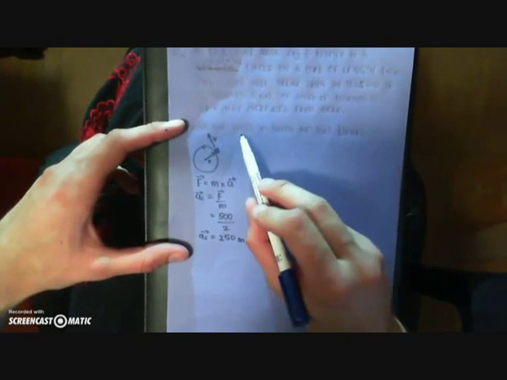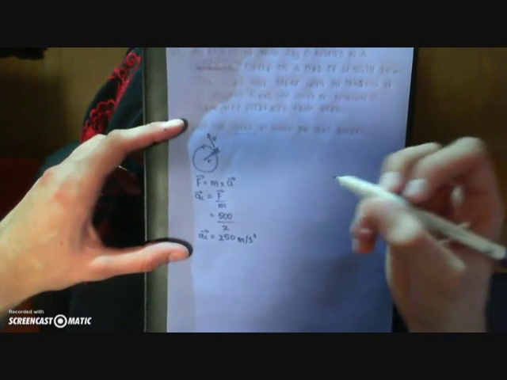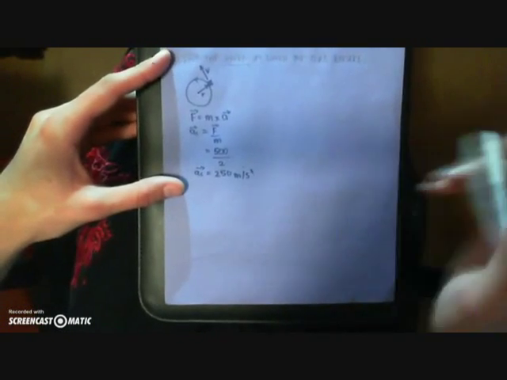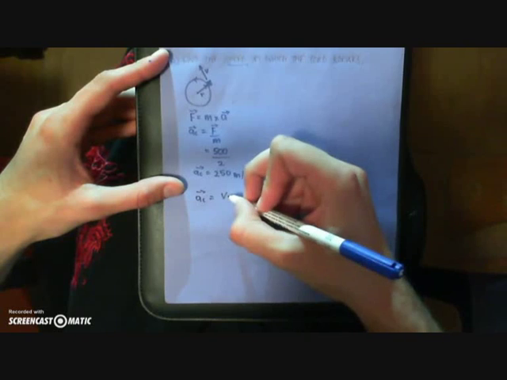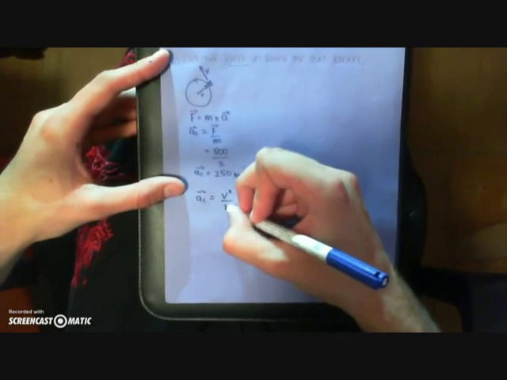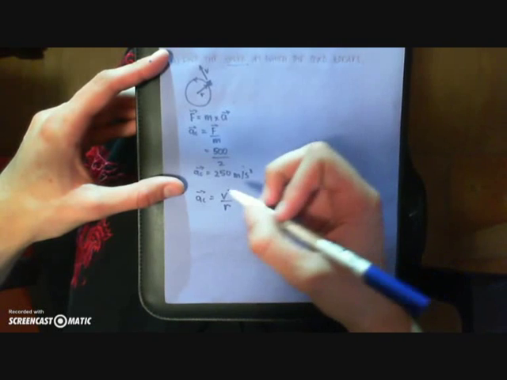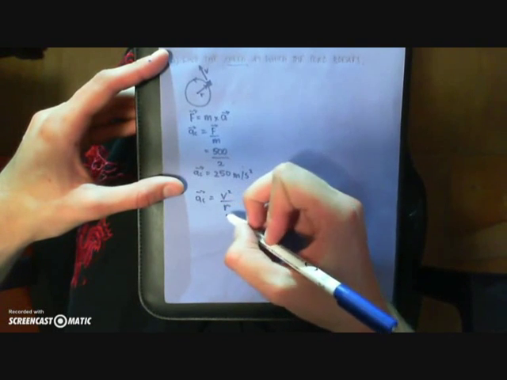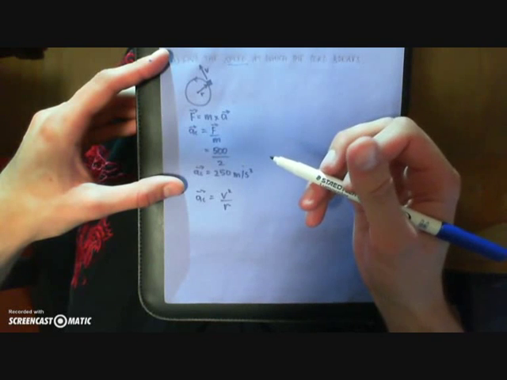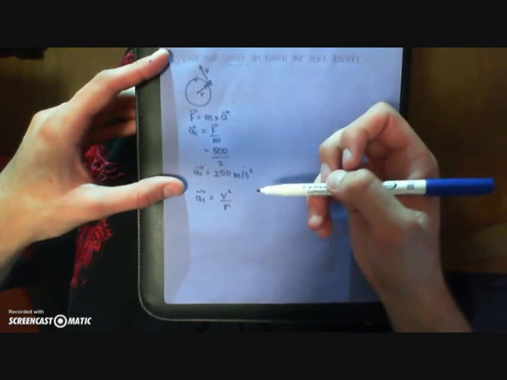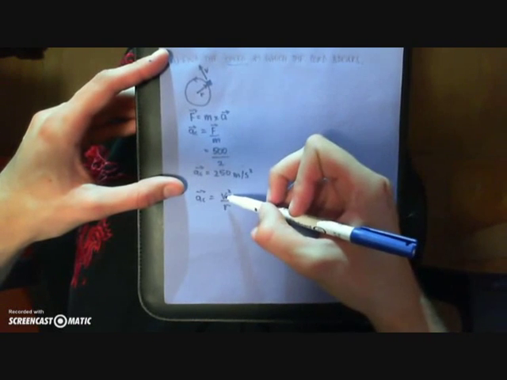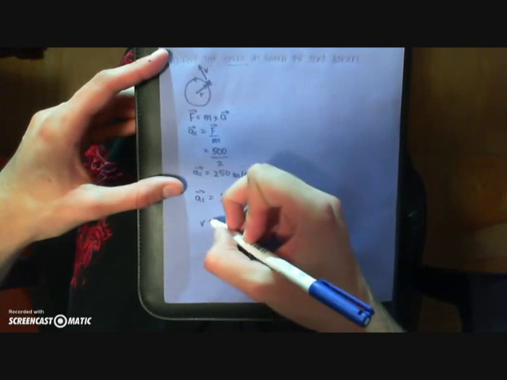Now, what we need to find is the speed. So we can use the formula for uniform circular motion, being acceleration is equal to velocity squared over the radius. And we know those values. We need to find the speed, which is related to this term here, so we can rearrange the equation.